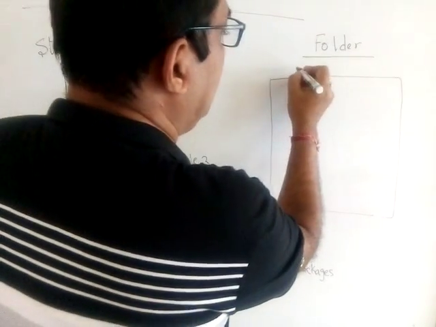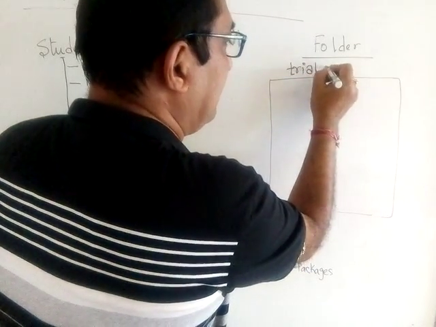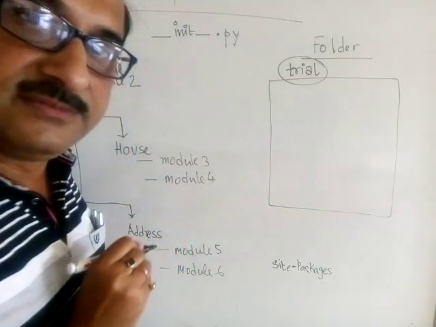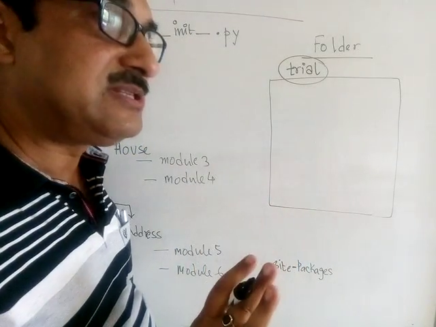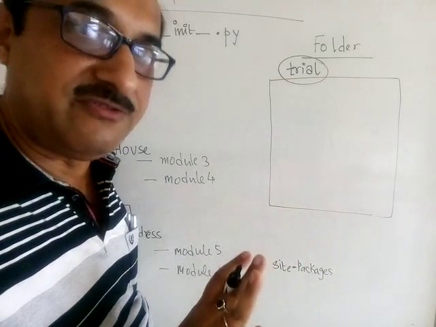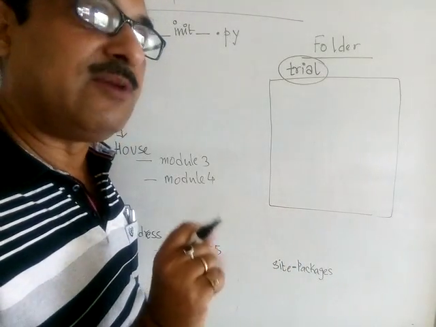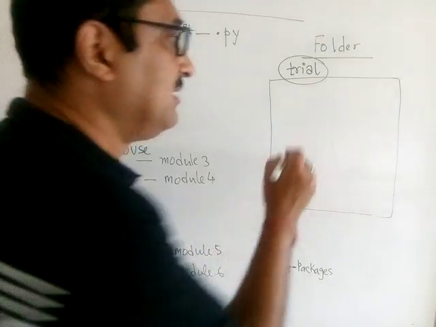So what you did, you just created a folder called trial. This is the name of your folder. And you thought of 5 modules, let me call them mod 1, mod 2, mod 3, mod 4 and mod 5. There are 5 modules. Now modules, you know, must have the extension .py.